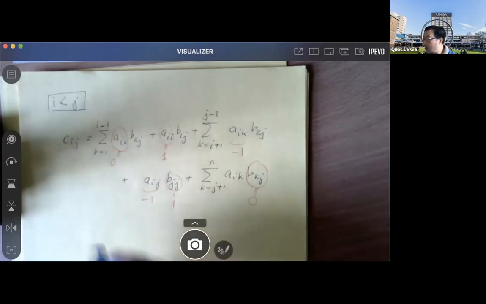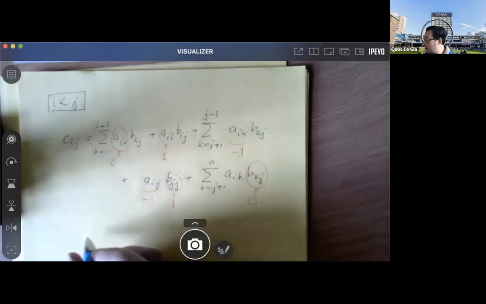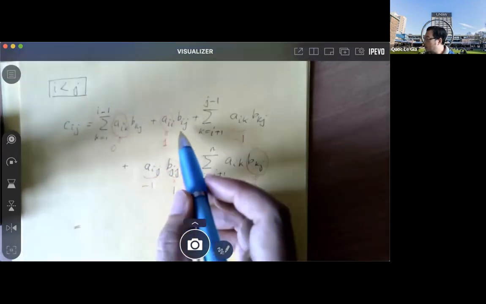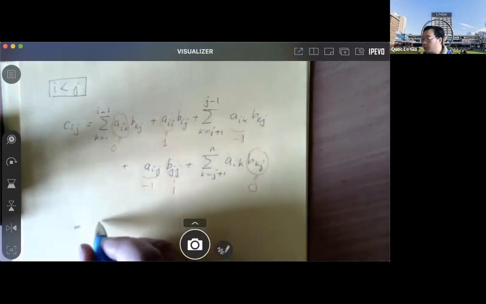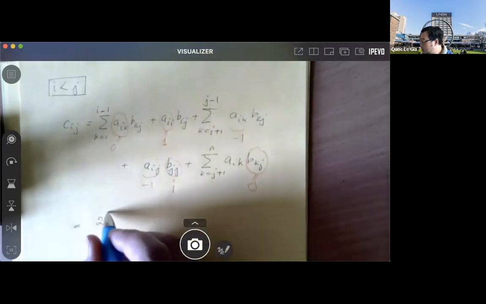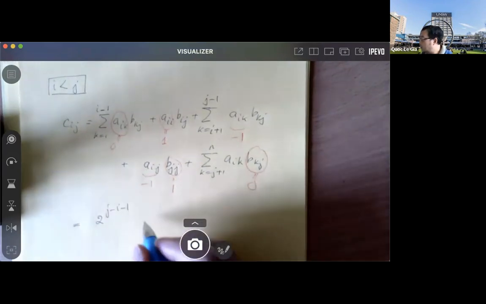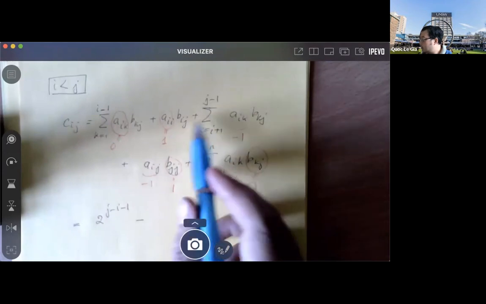Okay, so now we collect the information. b_ij now is 2 to the j minus i minus 1. So now we collect everything. This one equals 0. This one is b_ij, so it will be 2 to the j minus i minus 1. And then this one will be the minus. You can take it out.